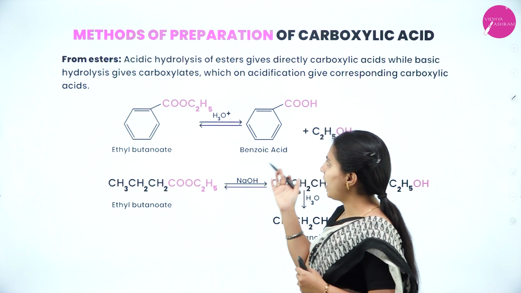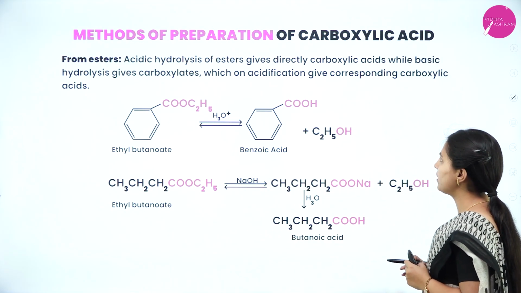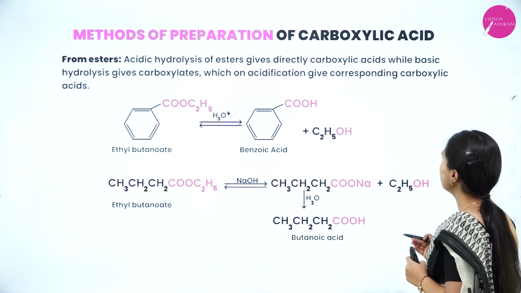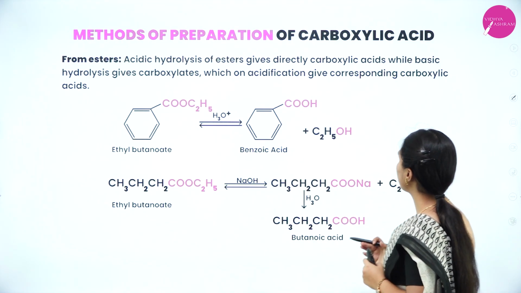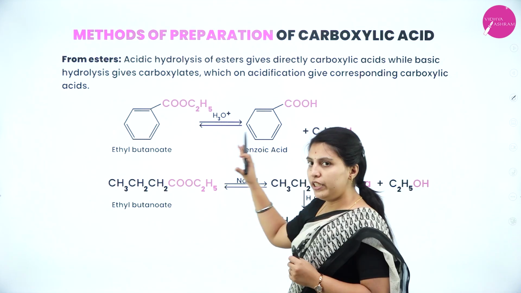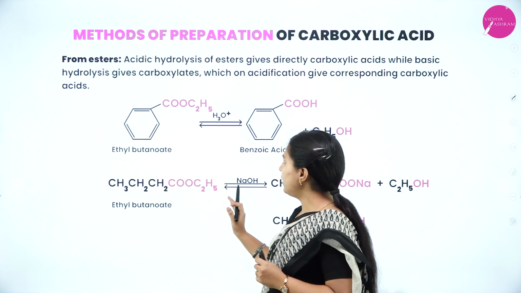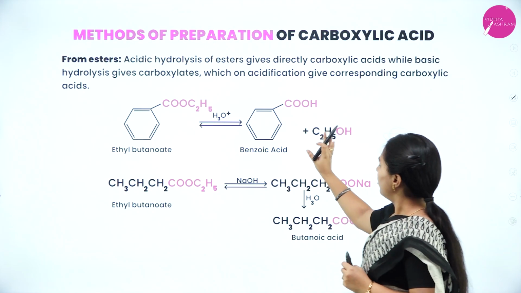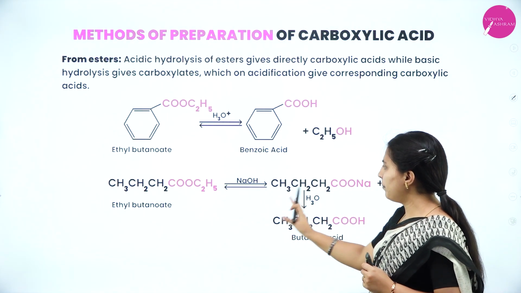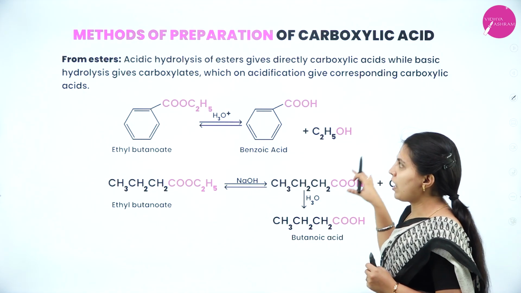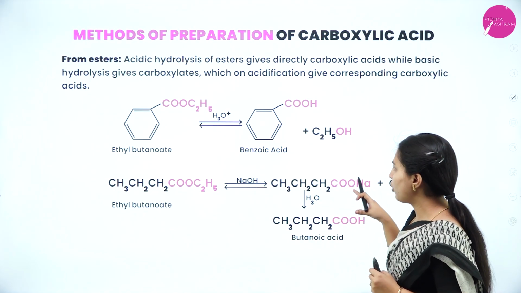Next, from esters. Acidic hydrolysis of esters gives directly carboxylic acids, while basic hydrolysis gives carboxylates, which on acidification give the corresponding carboxylic acids. If we do hydrolysis through acid, it will form benzoic acid or carboxylic acid directly. If we use the basic medium, it will form carboxylate ions or carboxylates.